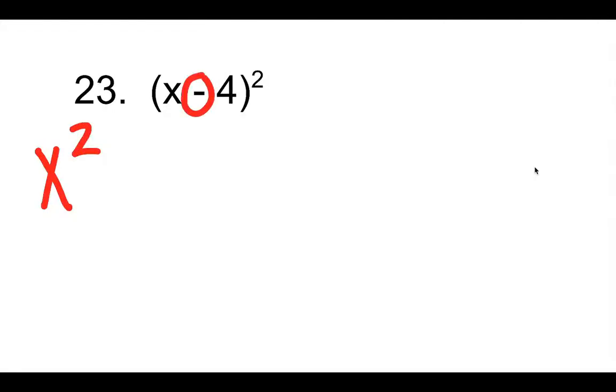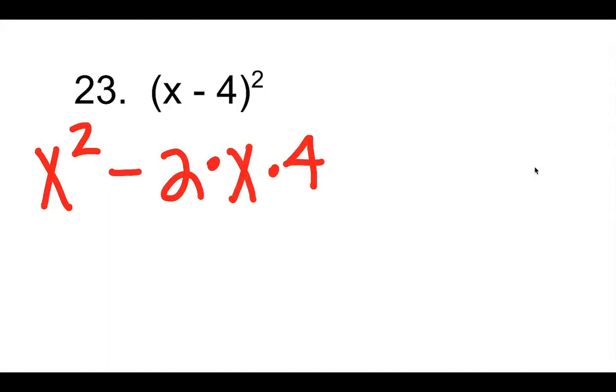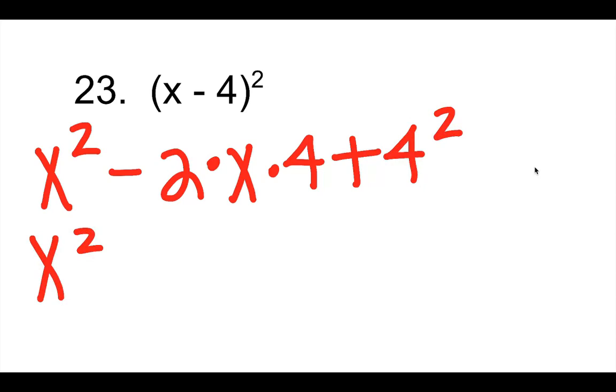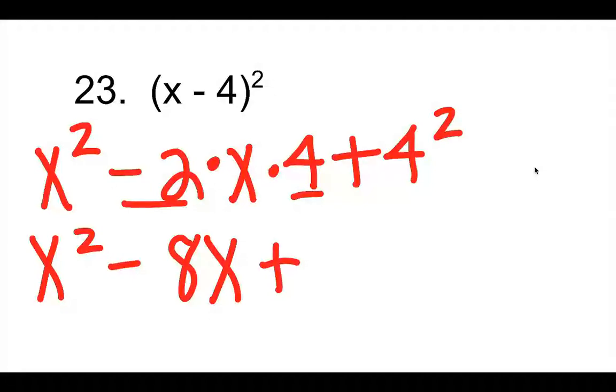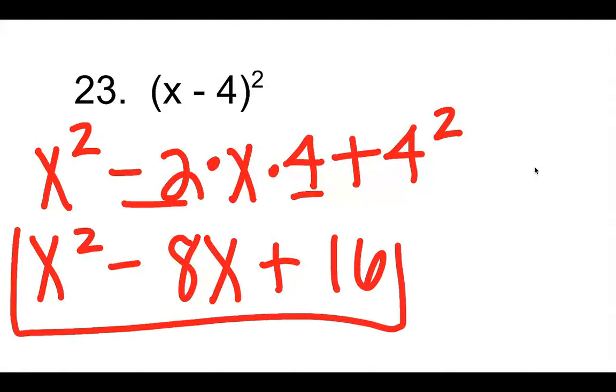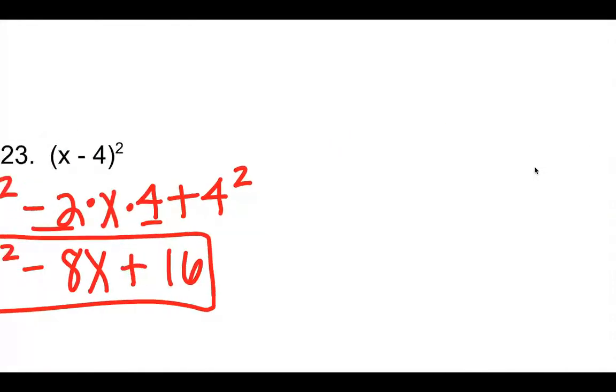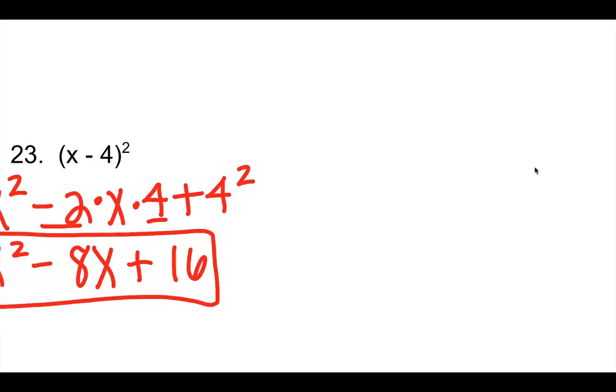It's a subtraction sign, so we're going to put a minus 2 times both these terms on the inside, so times x times 4, and then plus the last term squared, so 4 squared. So when you simplify, you get x squared. Negative 2 times 4 is negative 8x, and then 4 squared is 16. So that's the answer. Or if you were to solve it out, this is really saying x minus 4 times x minus 4.